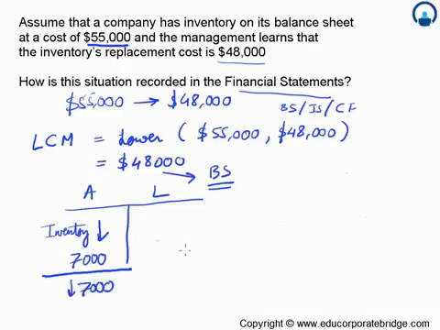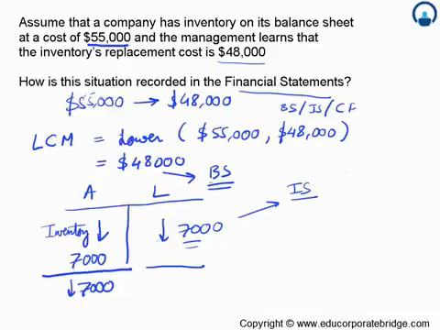There must be a corresponding decrease of 7,000 here as well, so that we maintain the equation where assets are equal to total liabilities. Here we must have something which goes down by a similar amount, and this number flows from the income statement. So let's look at the impact on the income statement.